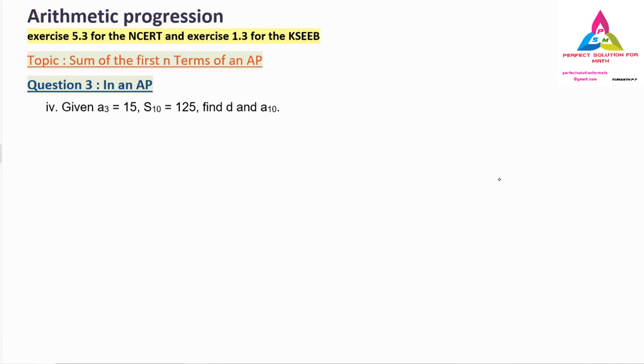They have given A3, so we will write that down first: A3 is equal to 15. Next, they have given S10, so we will write S10 is equal to 125. These are the two things we need. The an formula we know: an is equal to a plus n minus 1 into d. Here they have given A3, so it is a plus 3 minus 1 into d.